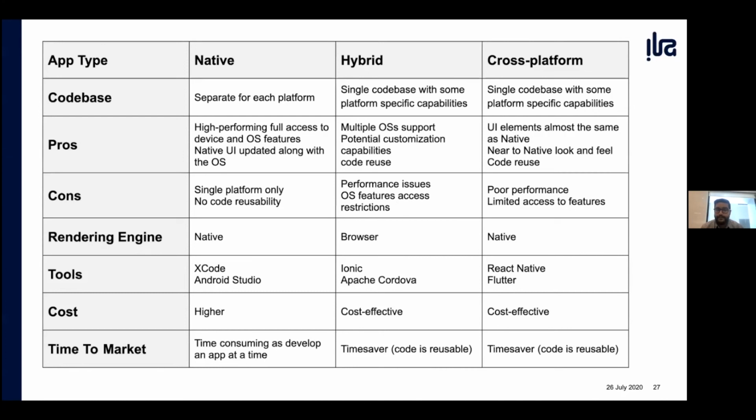You will develop one feature with the same code, and give it to Android and iOS at the same time. The only problems with hybrid and cross-platform are some limitations or issues that might not be shown at the beginning. You might run into them while testing on different devices.